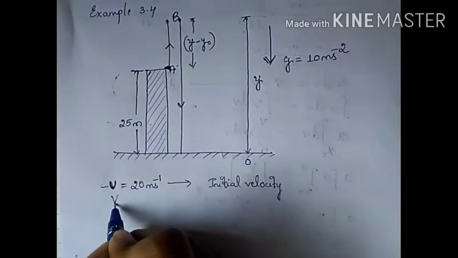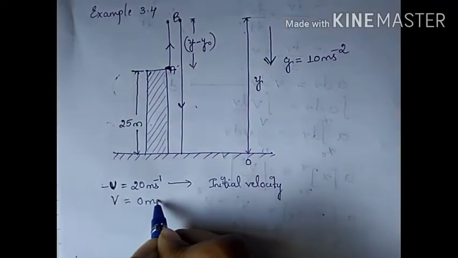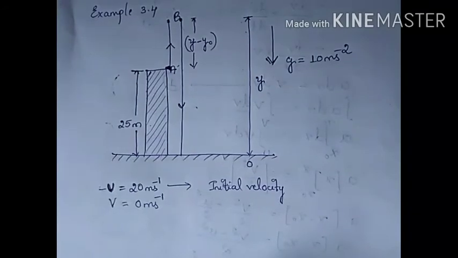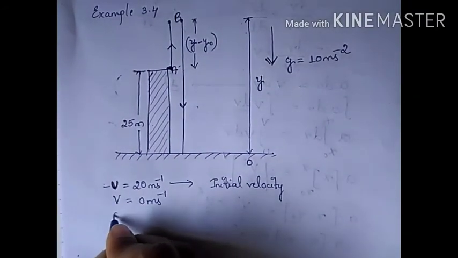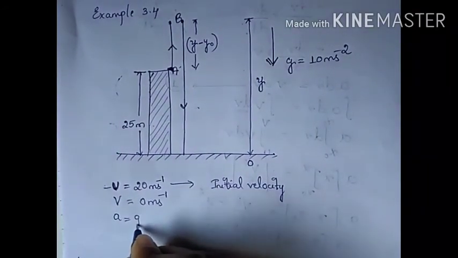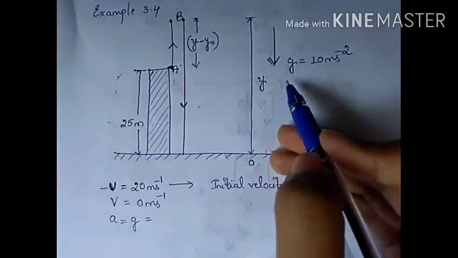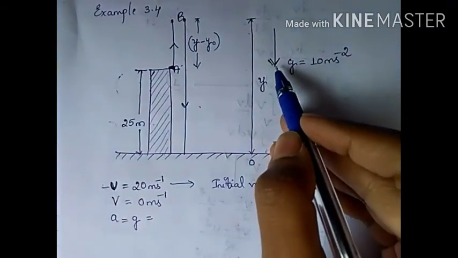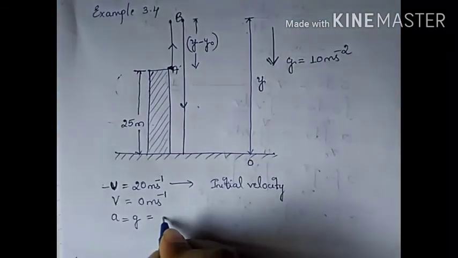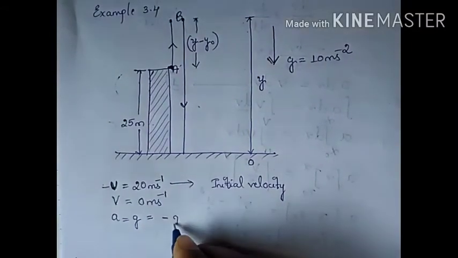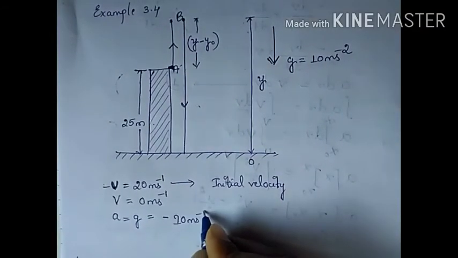So the final velocity is 0 meters per second. Acceleration due to gravity is g, which acts in the downward direction, hence we take it as minus 10 meters per second square.